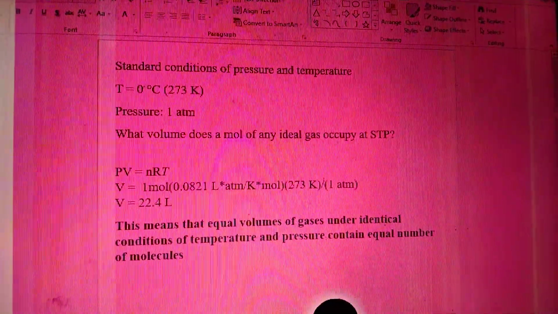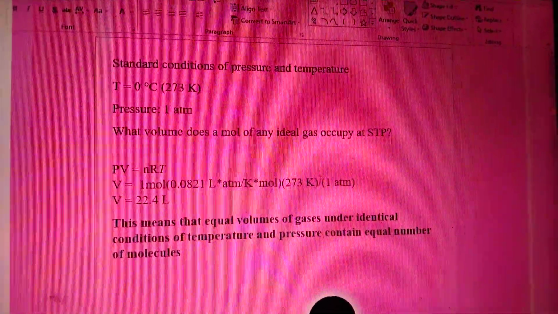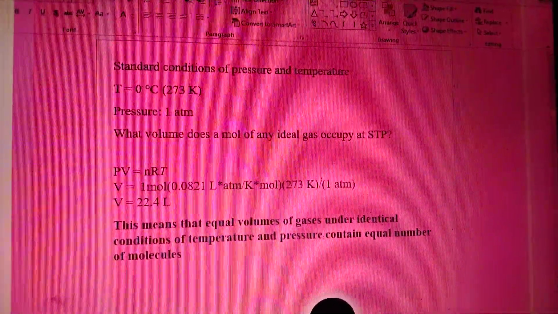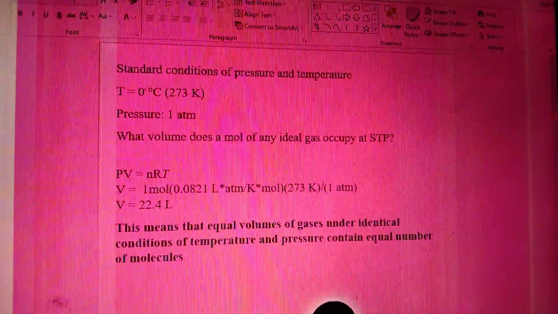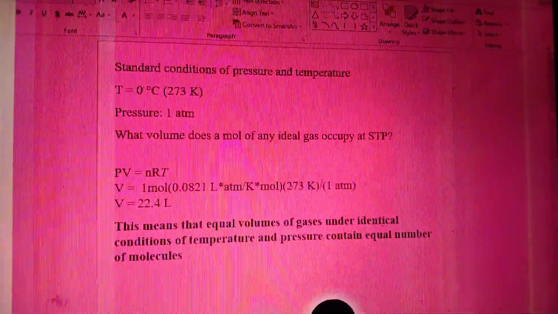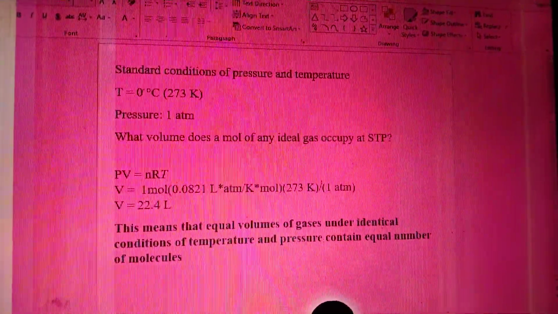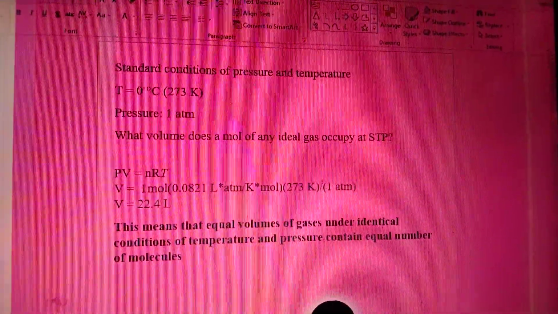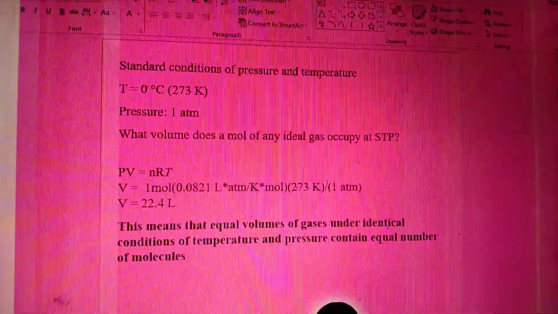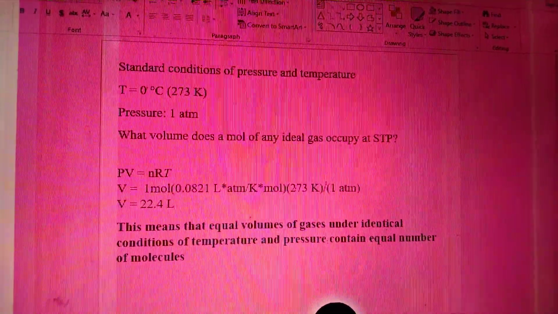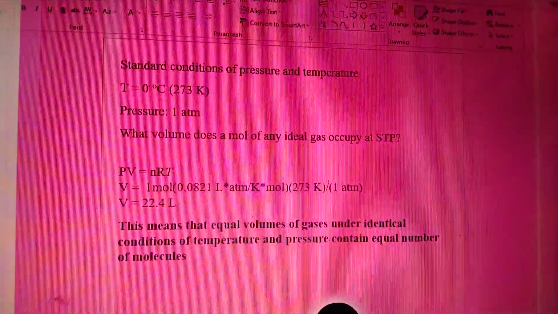The question is asking for a volume, so volume is equal to 1 mole times 0.0821 liter atm per Kelvin per mole times 273 Kelvin, all over 1 atm. So the volume is equal to 22.4 liters. This means that equal volumes of gases under identical conditions of temperature and pressure contain an equal number of molecules.